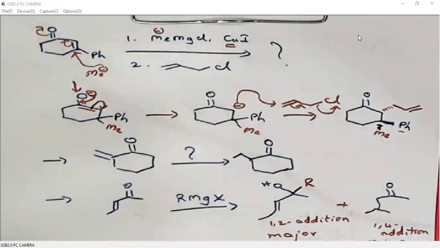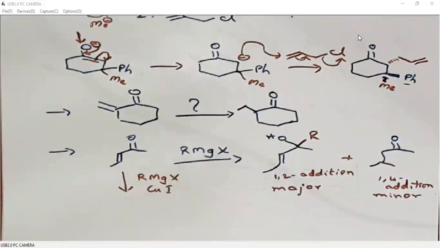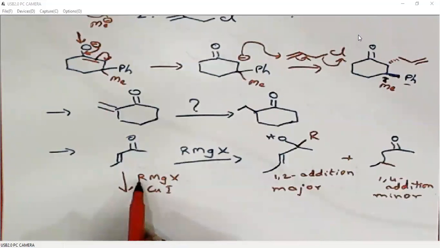But the same reaction, when we do it in the presence of a copper salt, any copper salt, what will happen? The copper makes this anion more soft in nature so that it undergoes 1,4 addition.